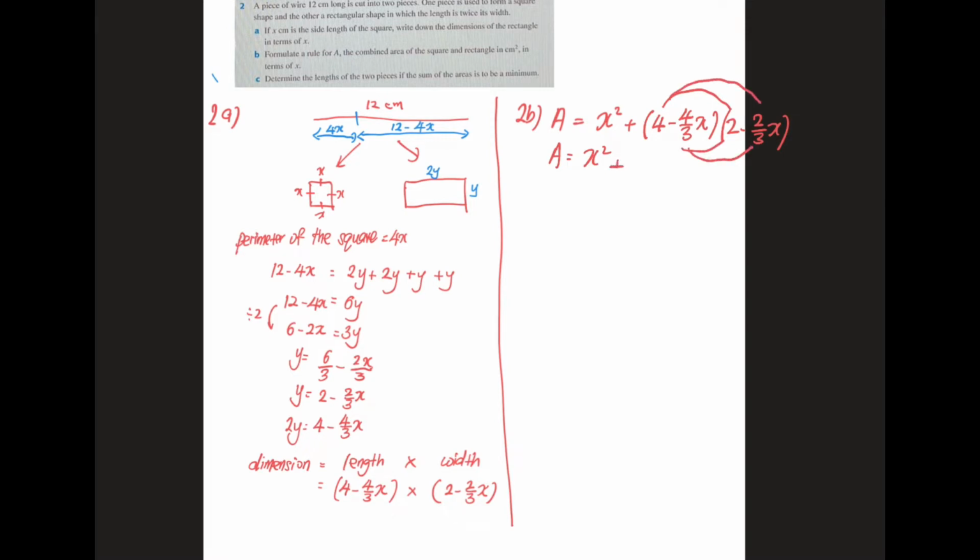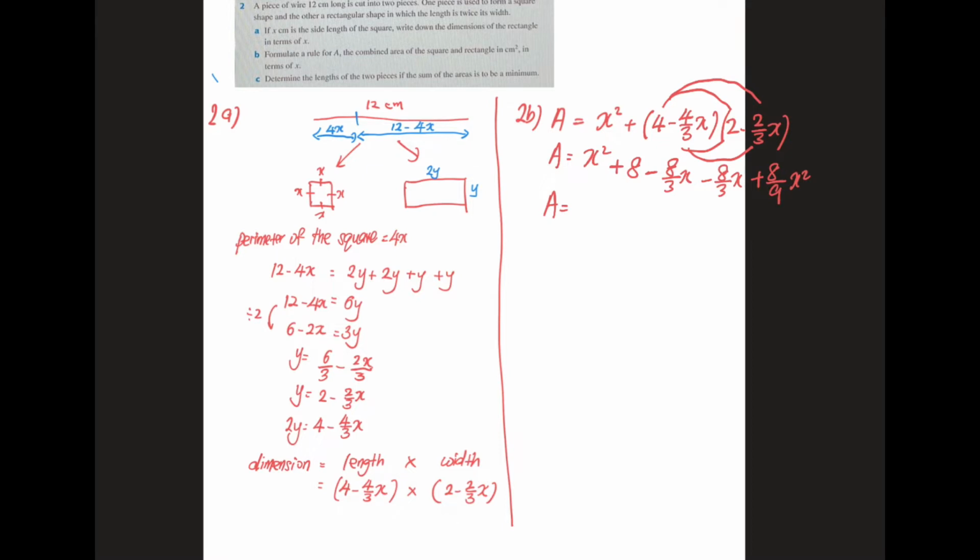So 4 times 2 I get 8. 4 times negative 2 over 3 x I get negative 8 over 3 x. Negative 4 over 3 x times 2 I get negative 8 over 3 x, and positive 8 over 9 x squared. Okay, so once I get this, I just need to simplify it.